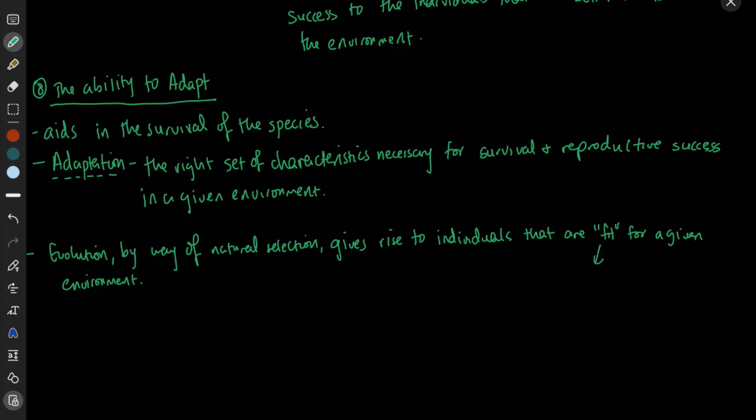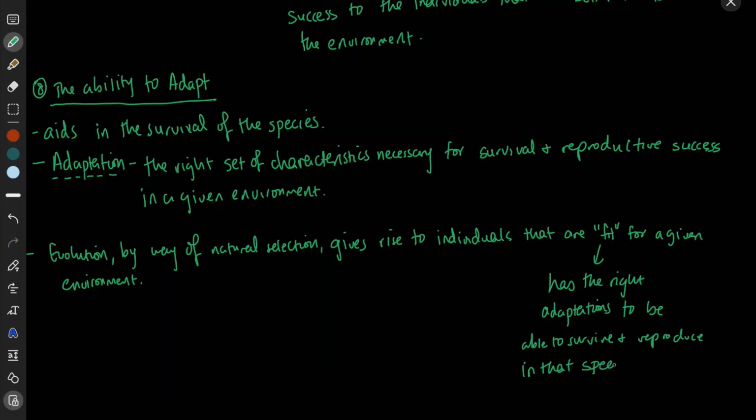And when we talk about being fit for a given environment, it just means that the organism has the right adaptations to be able to survive and reproduce in that specific environment. Right? So again, being fit just simply means the organism has those adaptations, the right characteristics that are necessary to then confer survival and reproductive success in that given environment.